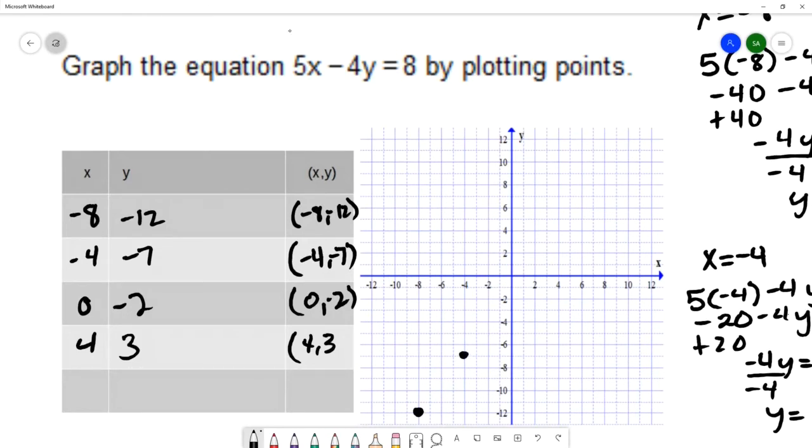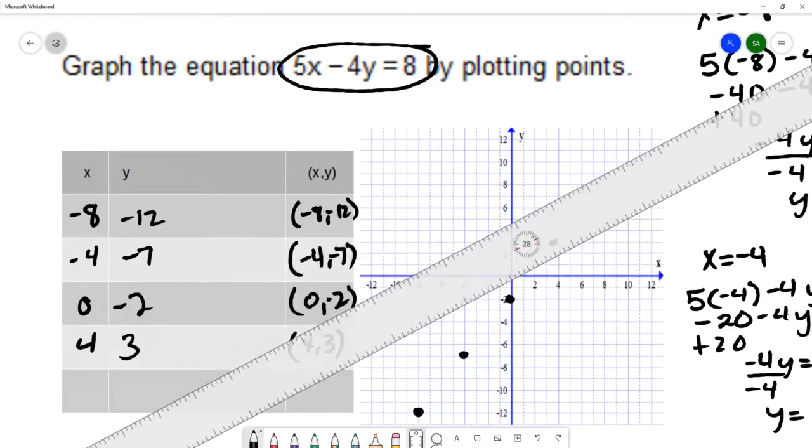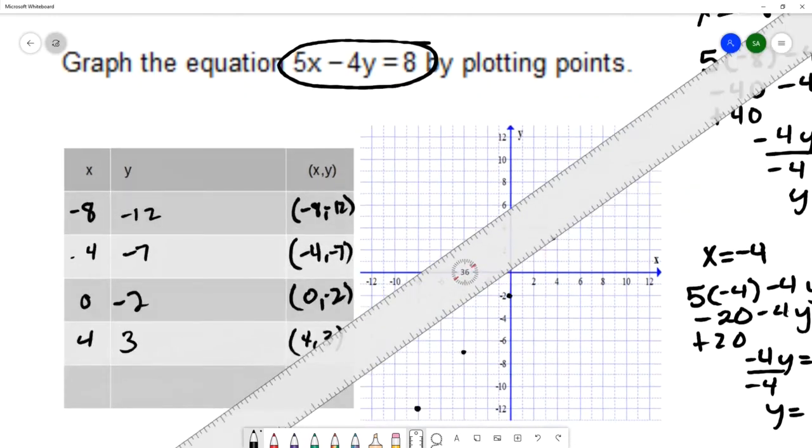And (0, negative 2), and (4, 3). You can see that these points are lining up in a straight line, which is what we expect because this is a linear equation. And we can connect those points with a straight line.